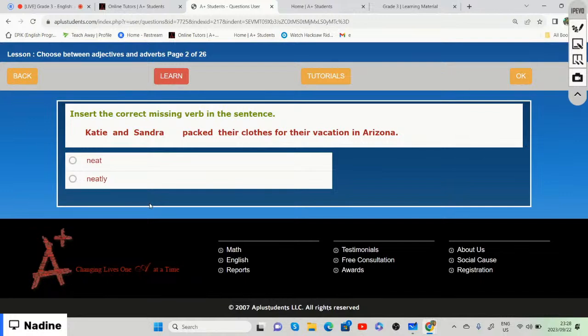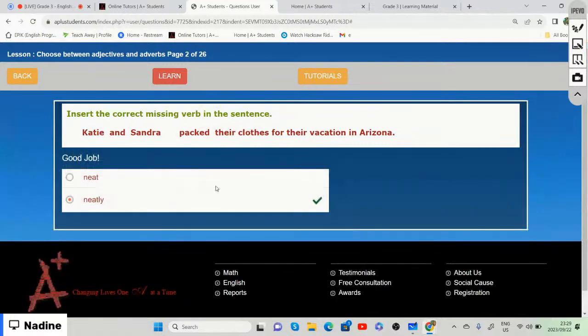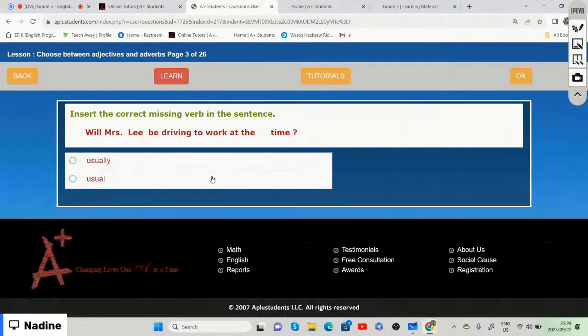So it tells us how they packed their clothes. An adverb. If we choose the correct adverb, then we can say they neatly packed their clothes. And neatly tells us about the verb.